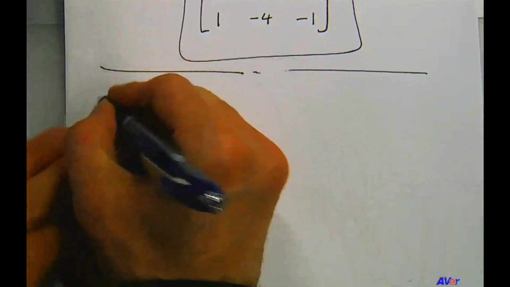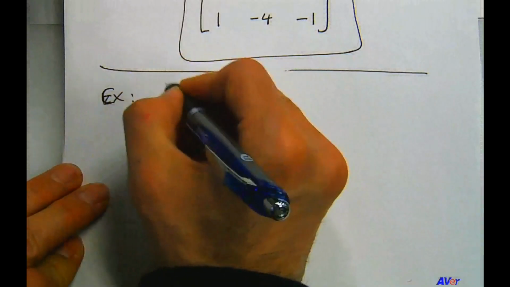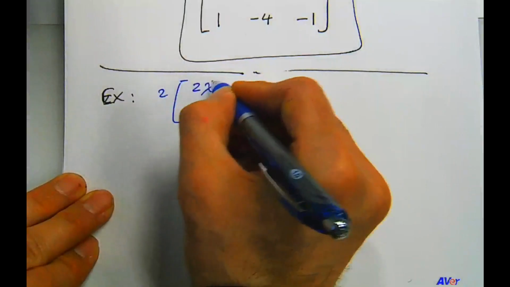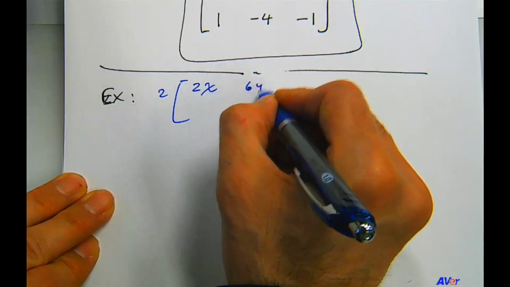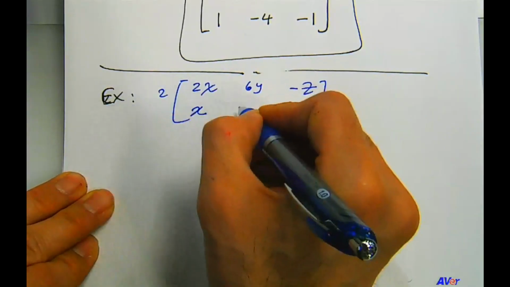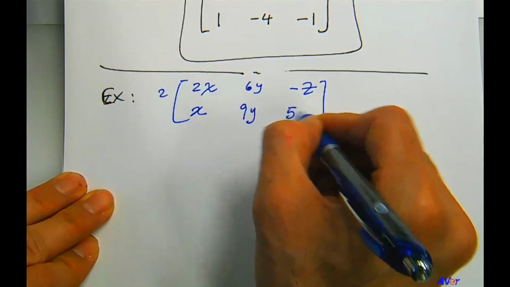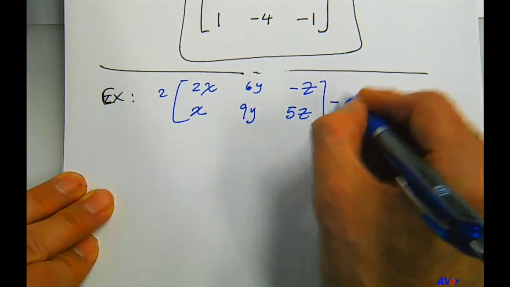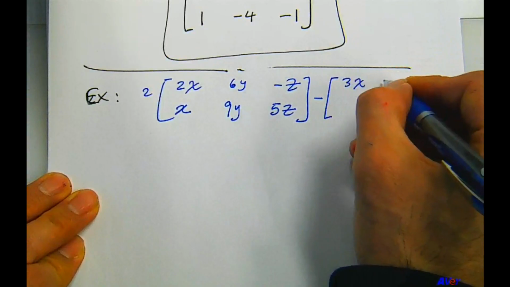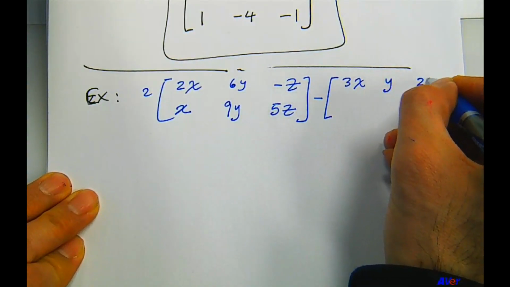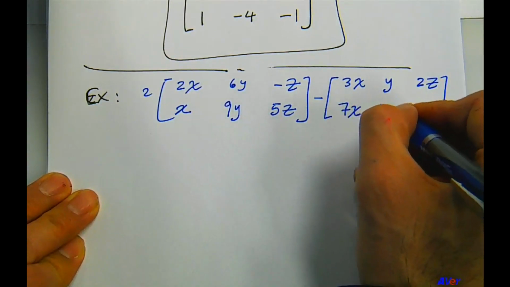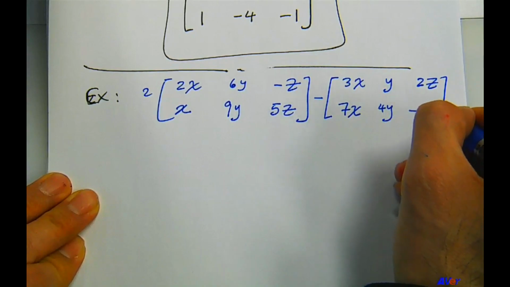Suppose we want to multiply the 2 to this matrix, where it has 2x, 6y, minus z, x, 9y, 5z, and then minus 3x, y, 2z, 7x, 4y, minus 6z.